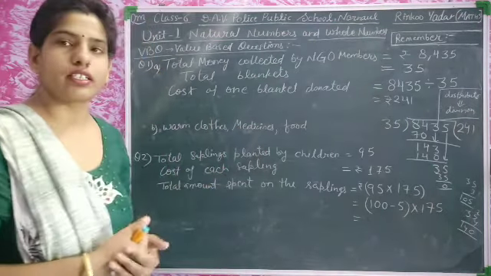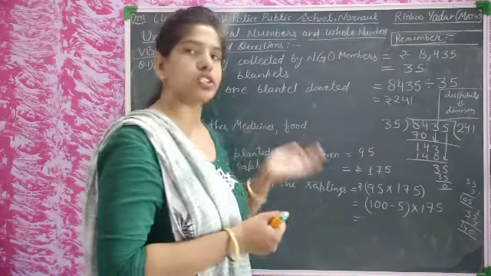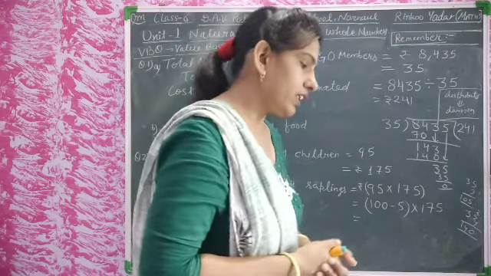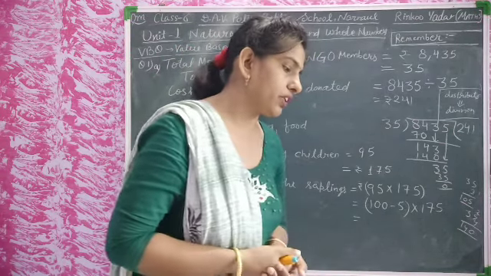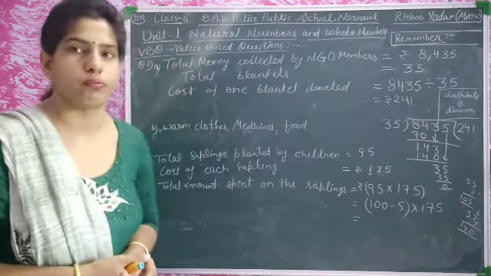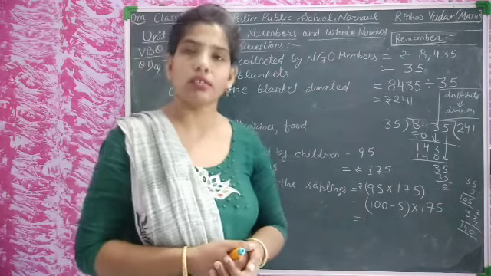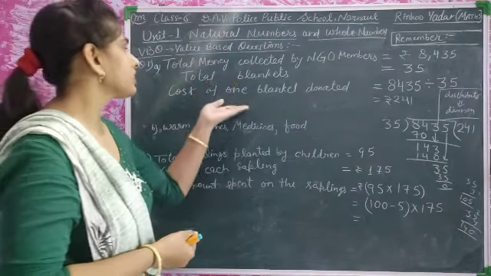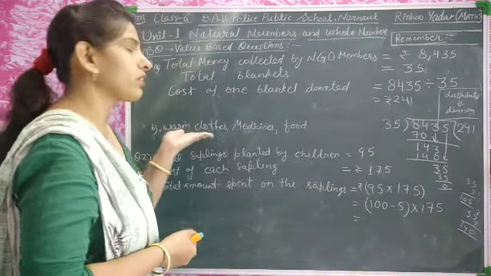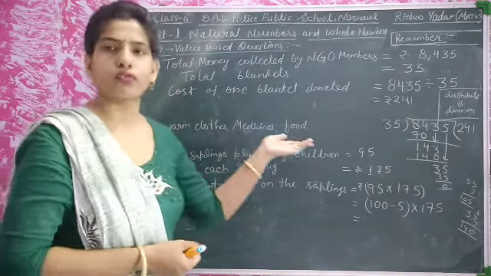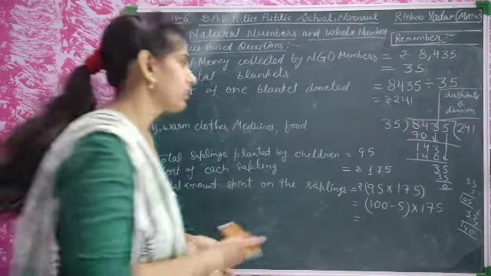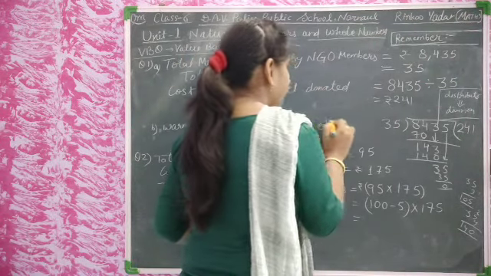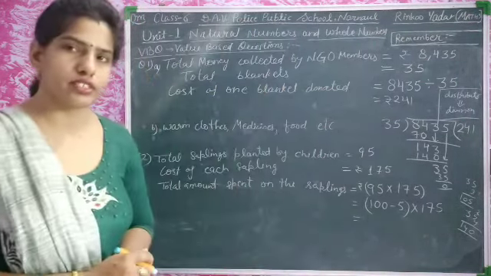The question is: name any 2 items that you can donate to an old age home. There are warm clothes, medicines, food, etc. Many things are there to donate to the old age home.